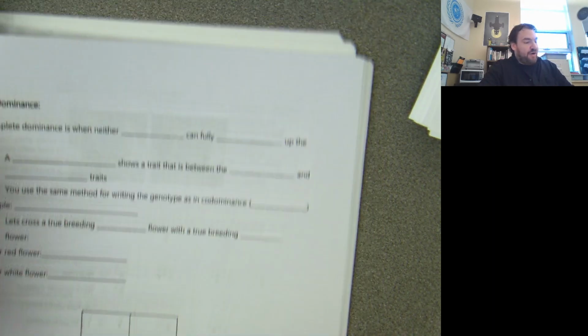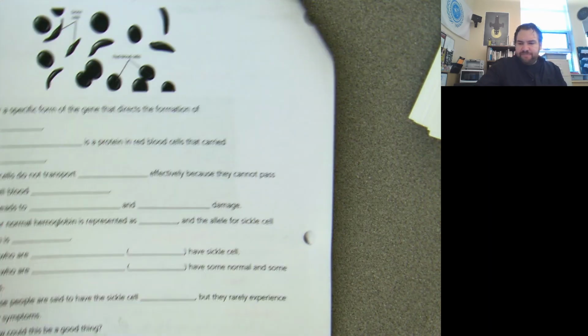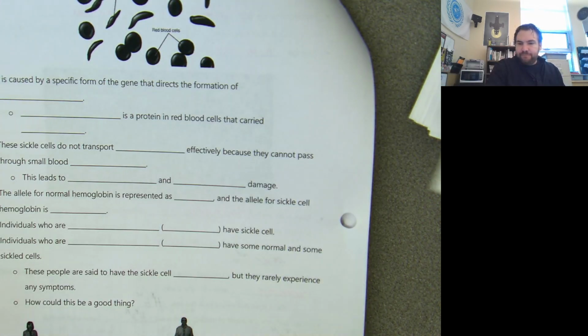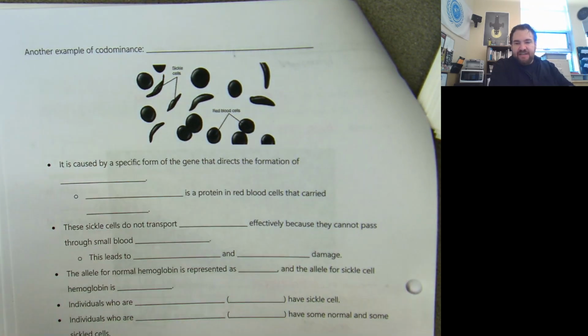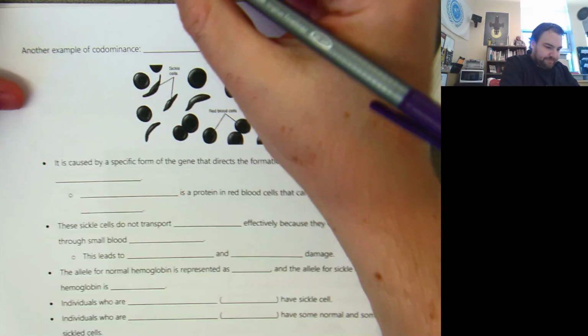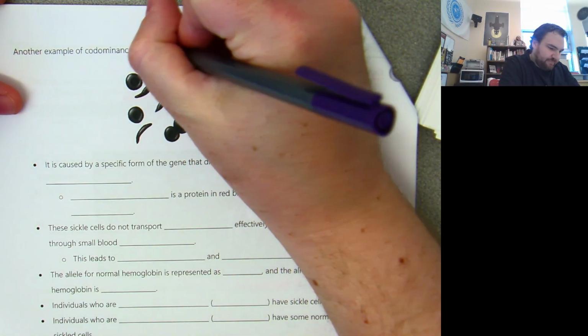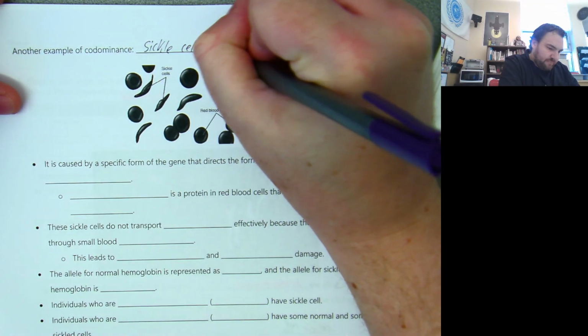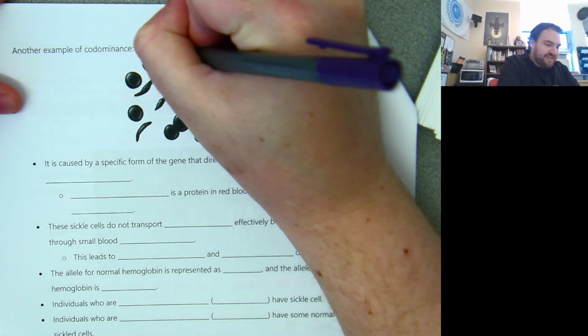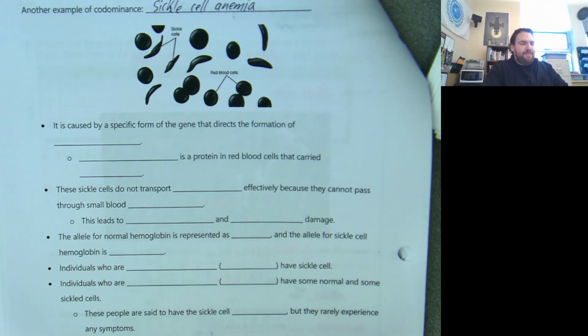Okay, so an example of codominance is a disease called sickle cell anemia. This is an example of codominance in people.